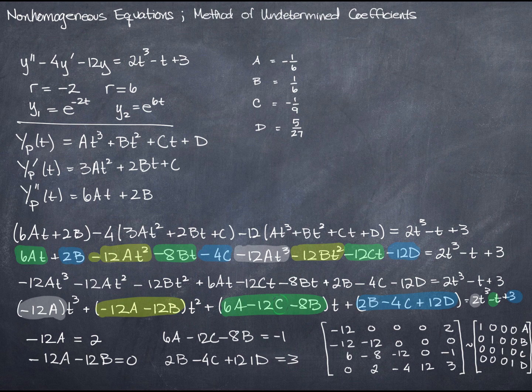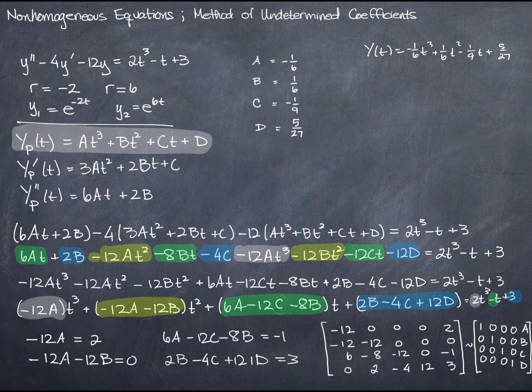So now that I know what those numbers are, I can go back to the proposed solution and fill in the blanks. If I'm asked for a particular solution, that solution is going to be y of t equals negative 1/6 t cubed plus 1/6 t squared minus 1/9 t plus 5/27.